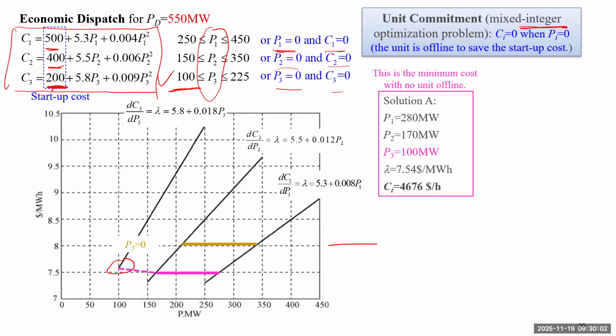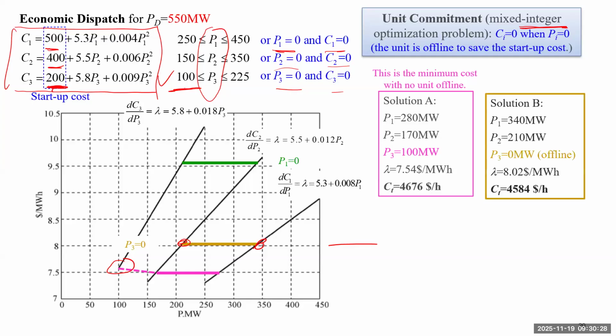Unit 3 is the most expensive unit, so it makes a lot of sense to turn off this unit. If that's off, to solve this problem, you just need to move a line up and down, only intersecting with the first curve and second curve, not the third one. So if their total can make up the load, that would be a solution. So here is one solution.